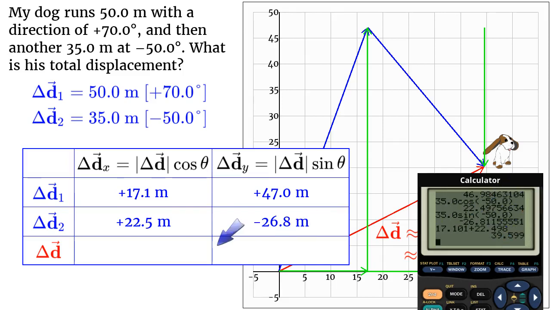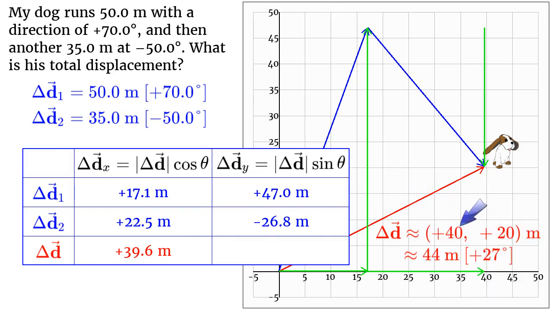Now from our diagram, we had estimated that the total displacement had an x component of about +40. We can now see our more accurate calculation gives us +39.6, so very close to our estimate. But doing the calculation this way gives us a more accurate result, and it's much quicker than having to draw the diagram accurately and in detail.